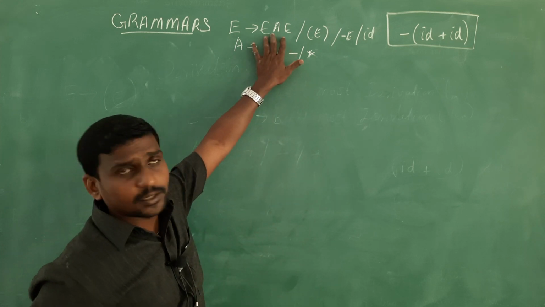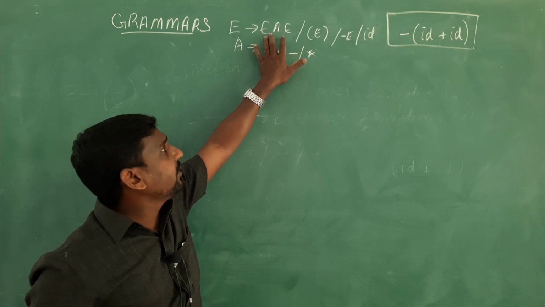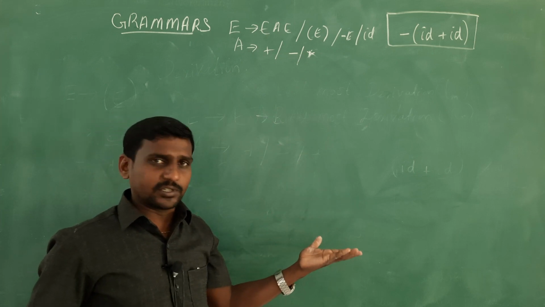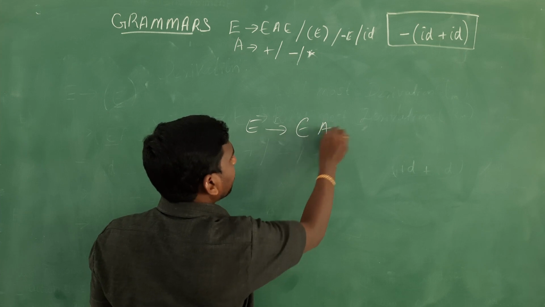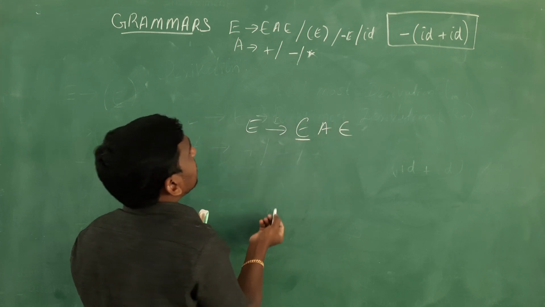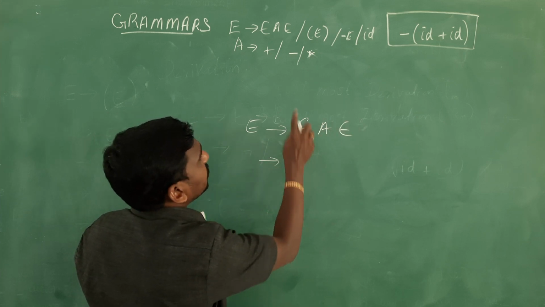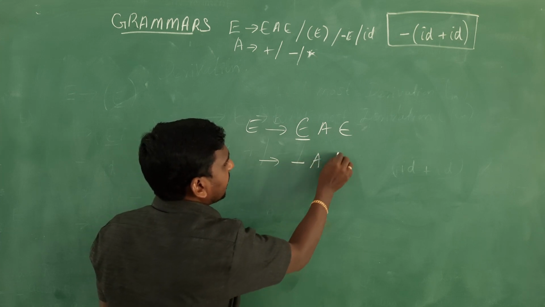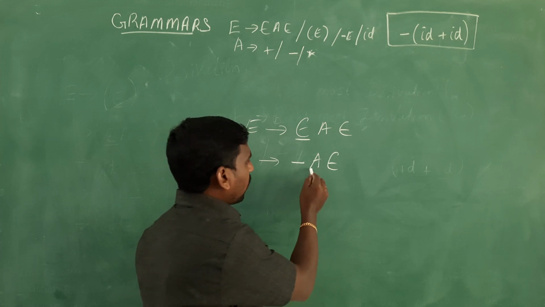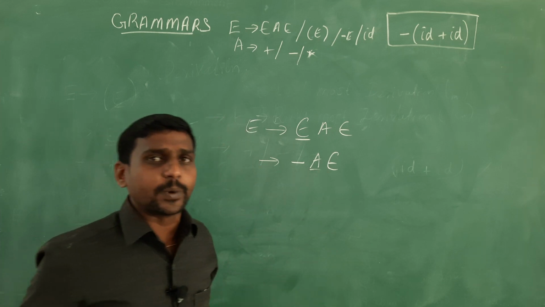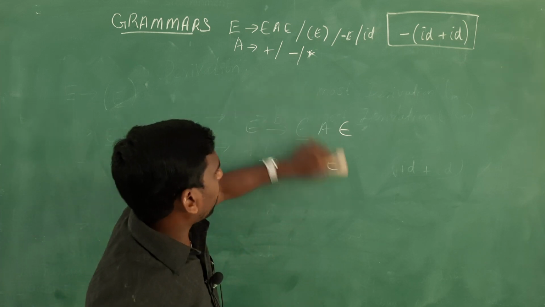Can I take E tends to EAE? If I take this production, we cannot obtain the minus symbol first. Instead of E, I would have to substitute A, and for A I don't have the minus in this position. So it is not possible to take this production.